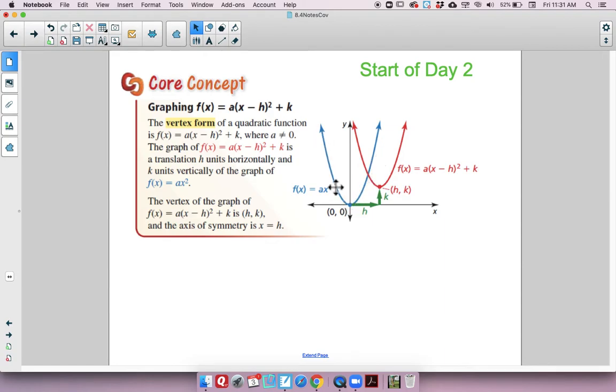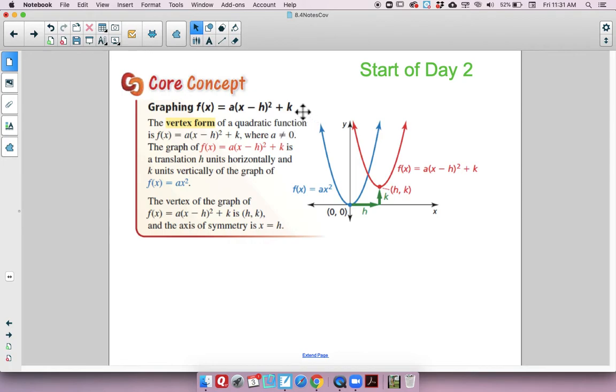So we're going to move horizontally depending on what h is. If it's positive, we move to the right. If it's negative, we move to the left. That's from this h right here. And we're going to move up or down, a vertical translation, depending on what this constant k is.